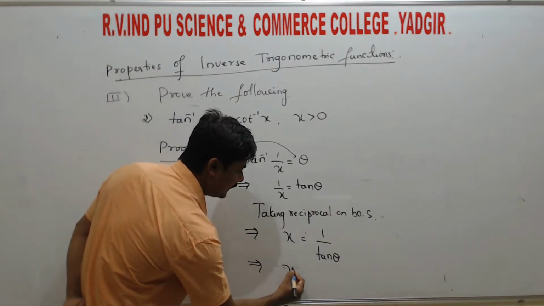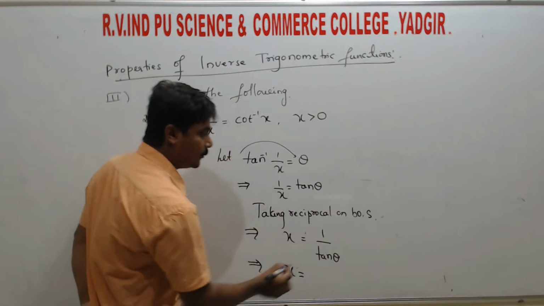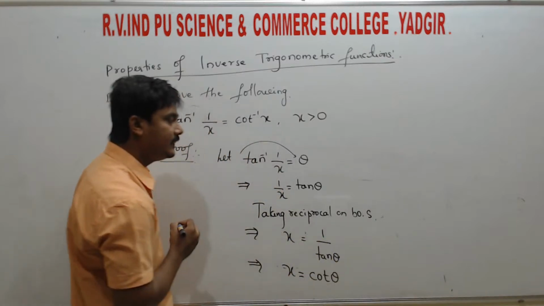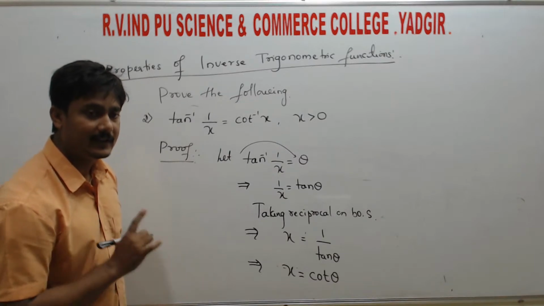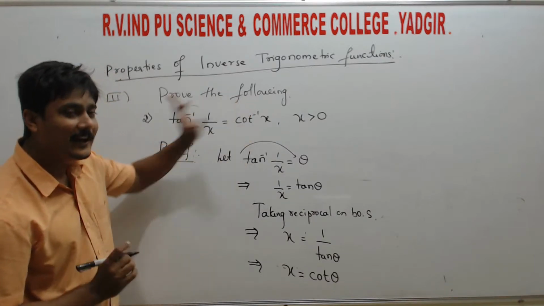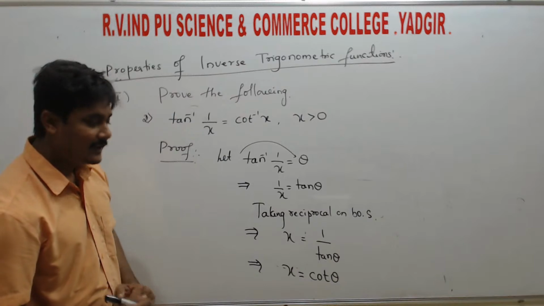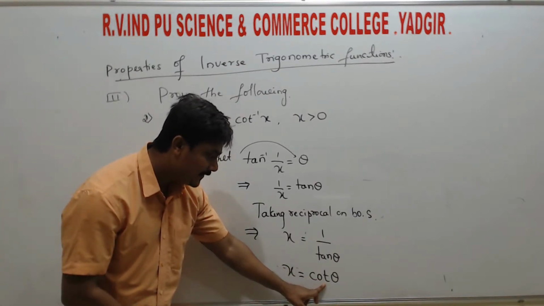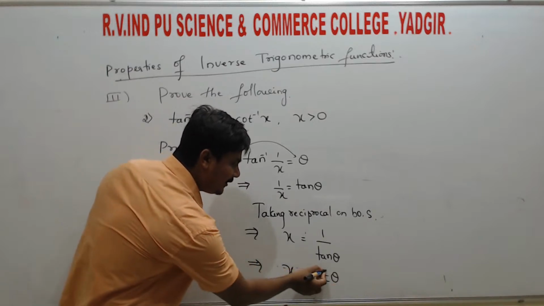Further, x equals, what is 1 divided by tan theta? 1 divided by tan theta is nothing but our cot theta. So we are close to the answer. Now what will we do? If x is equal to cot theta, according to the definition of inverse, theta will be equal to what?